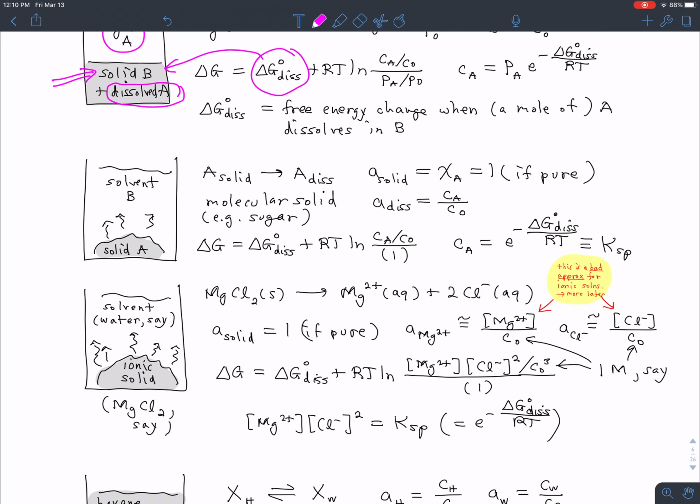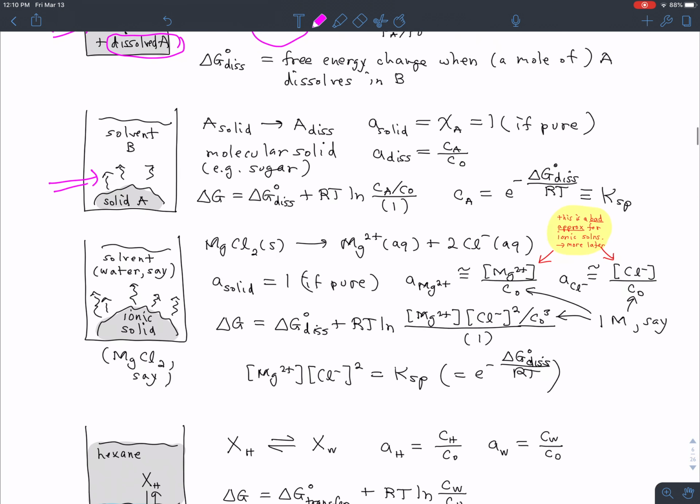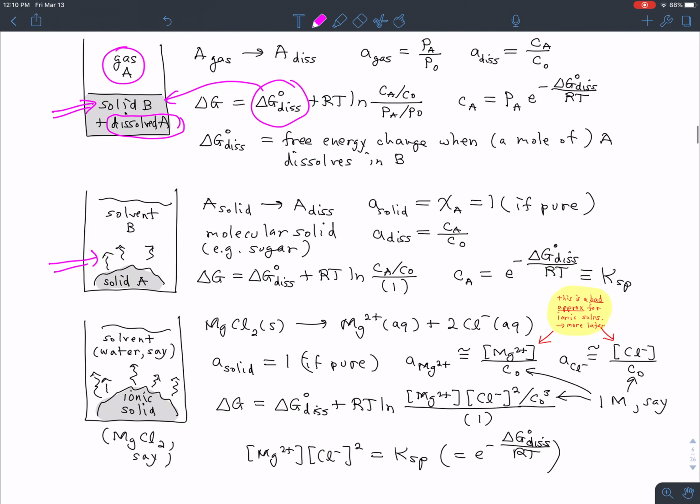Likewise, if you're talking about a solid dissolving into a solvent, then the chemical reaction in question is A in the solid phase going to A in the dissolved phase. The activity for the solid is the mole fraction of solid material of A in that solid phase.